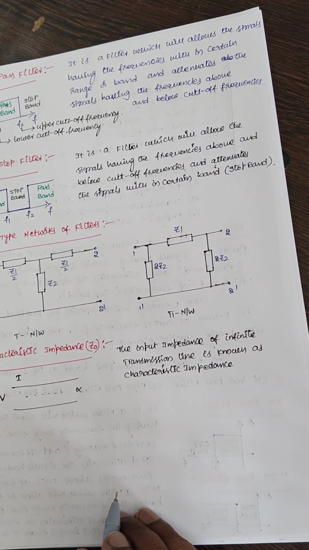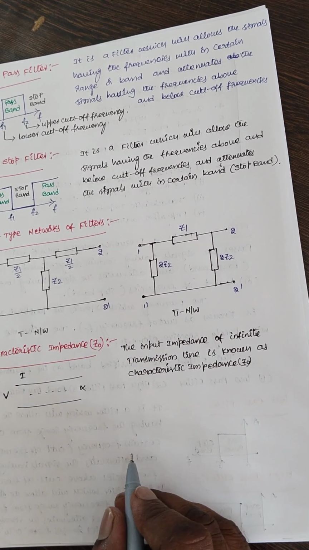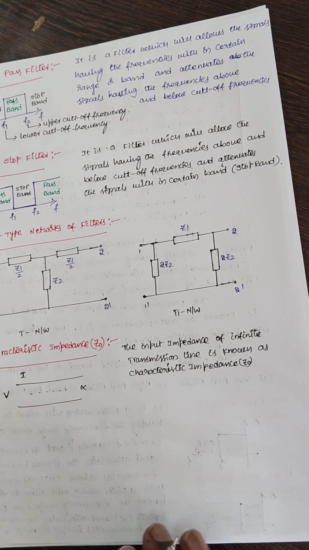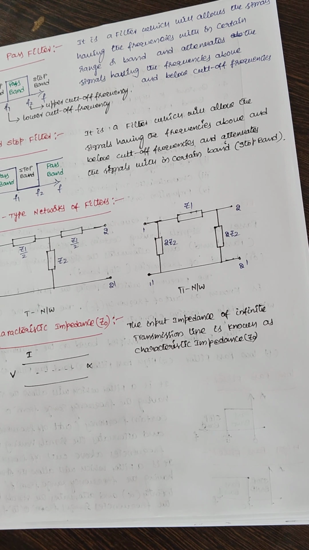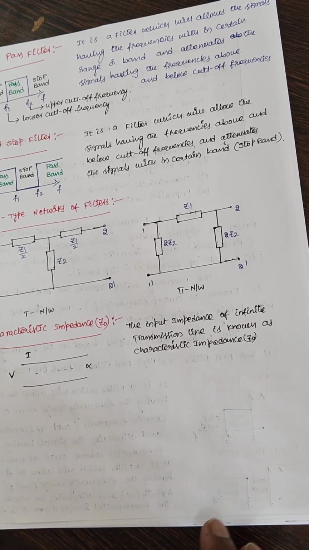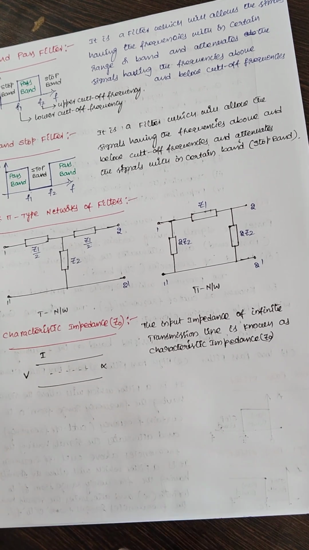And it is represented with Z0, anyway, we know that. And coming to the characteristic impedance for T type of network and pi type of network, I will find this characteristic impedance.